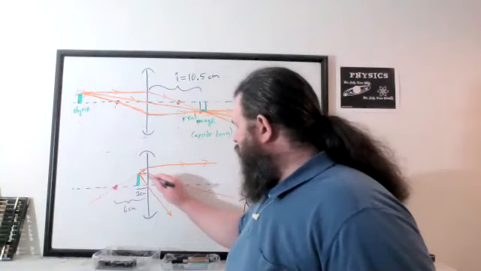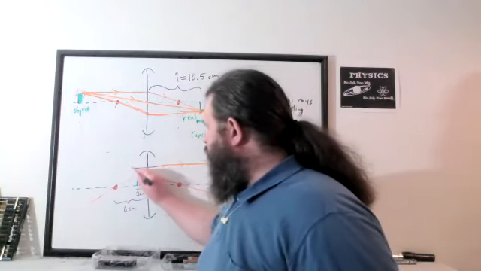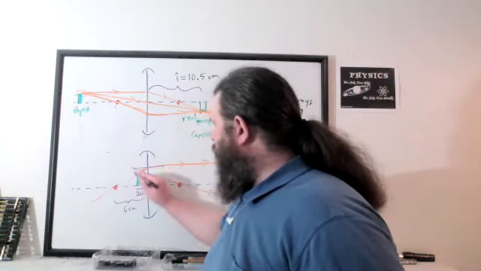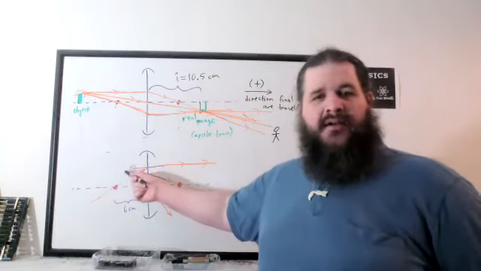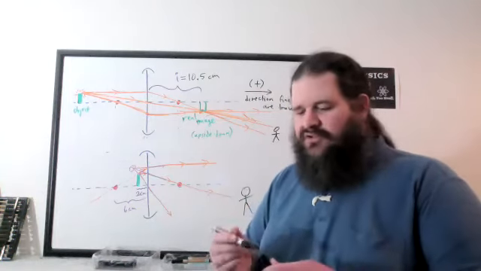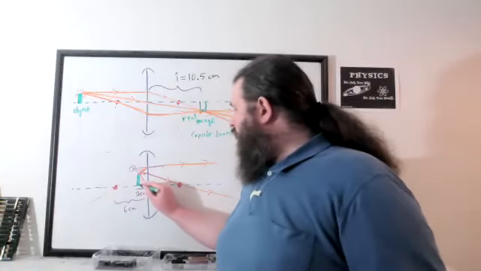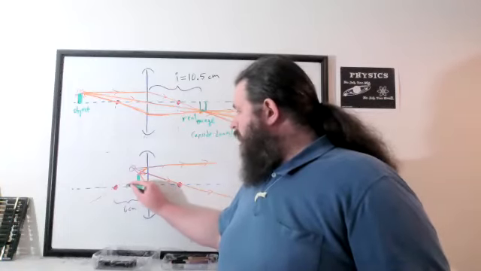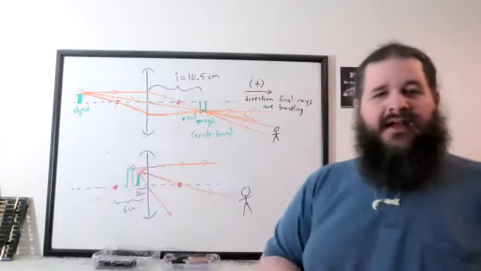So if you backtrace each one, ignoring what happened before, these rays of light all seem to have come from this location. So this location is the image based on this object in this lens. Notice that that's behind the lens, right side up, larger than the object itself.